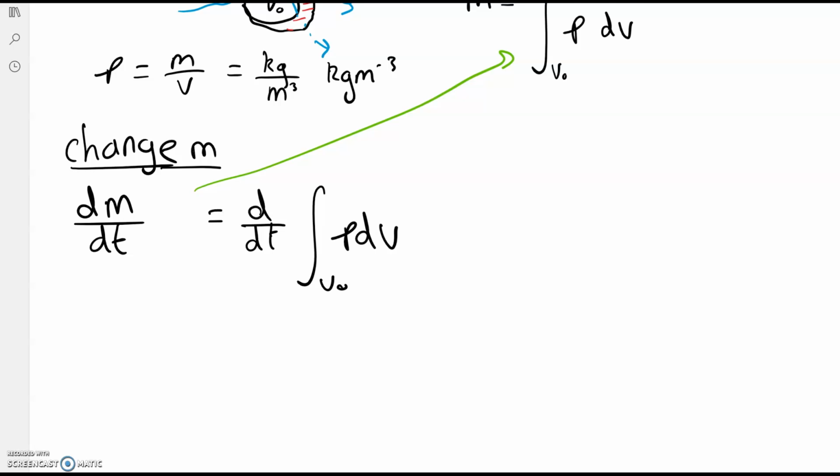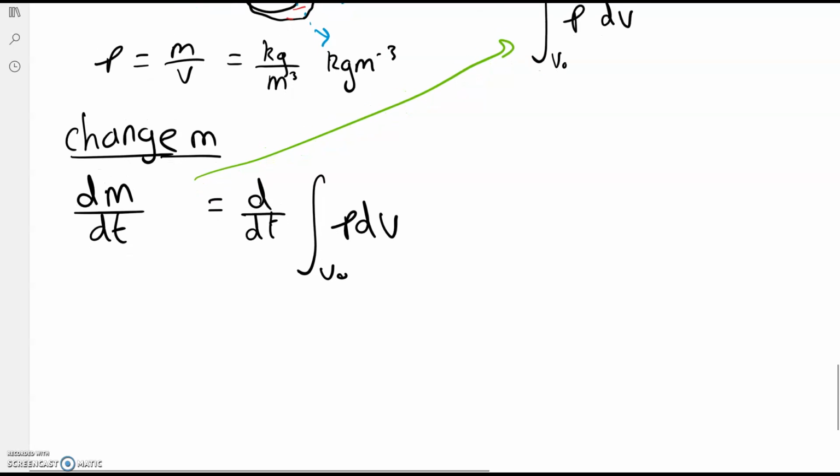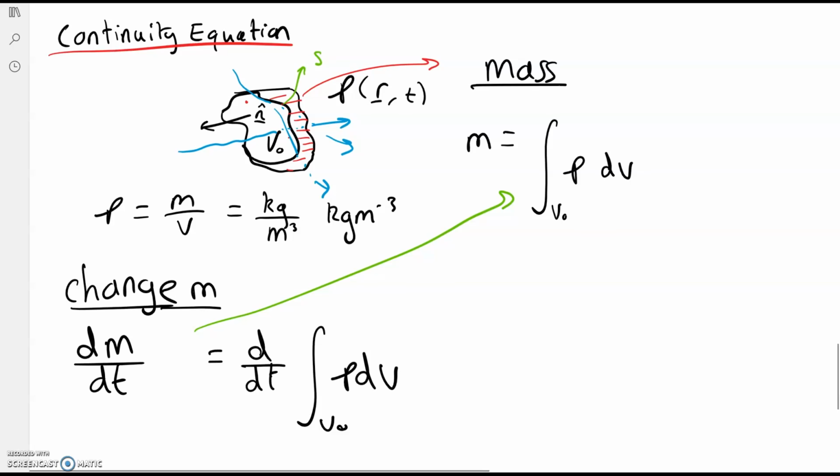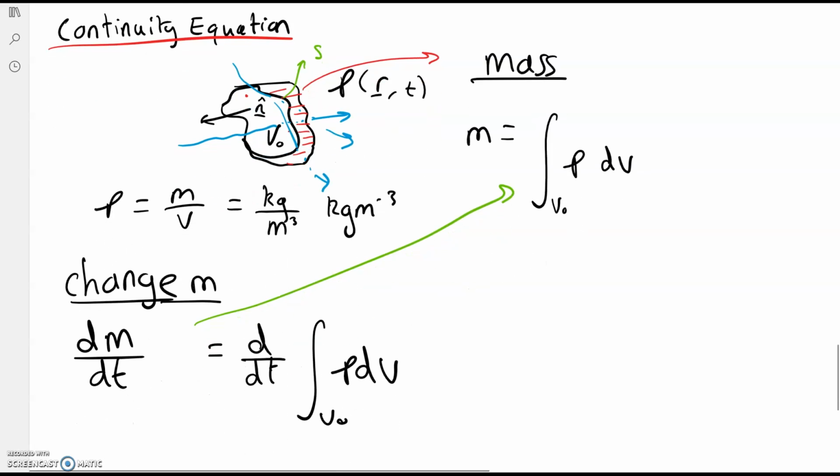we have a special case. This rho here is dependent on a position and a time. And this position, r, might have several coordinates.